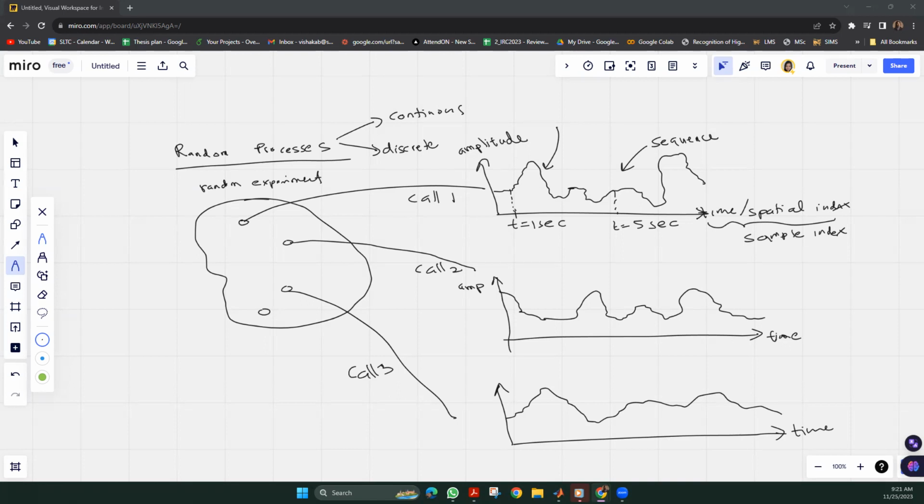So if we consider discrete random processes, the outputs of a certain random process can be discrete if the outputs are occurring in a discrete manner.